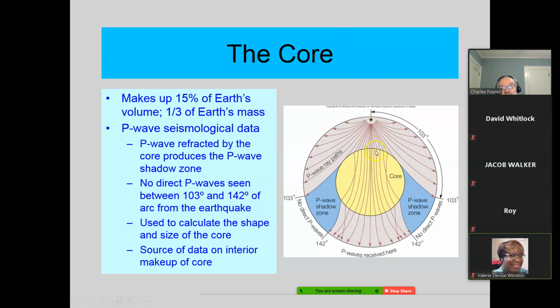Those P waves will only go to about 103 degrees from the point of the surface of the earthquake, and 103 degrees all the way around that globe. Okay, 120. And then you have what they call a P wave shadow zone. In other words, there's no P waves detected anywhere here relative to that earthquake.